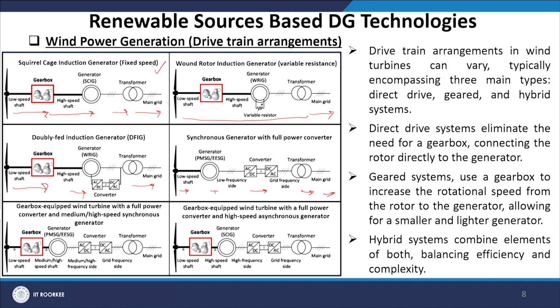So, the direct drive system eliminates the need for a gearbox, connecting the rotor directly to the generator. Now, a geared system uses a gearbox that can help you to increase the rotational speed from the rotor to the generator, allowing for a smaller and lighter generator. A hybrid system combines elements of both, balancing efficiency and complexity.